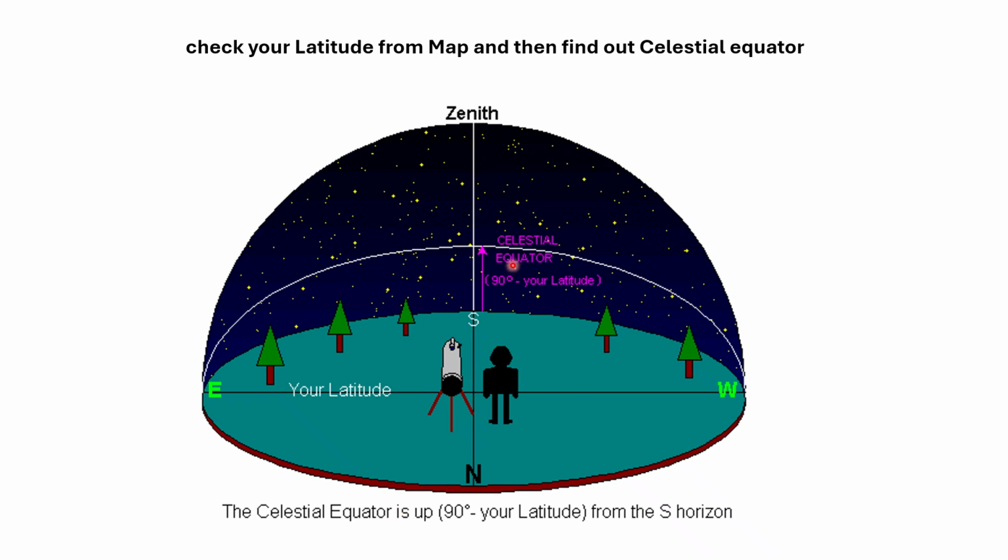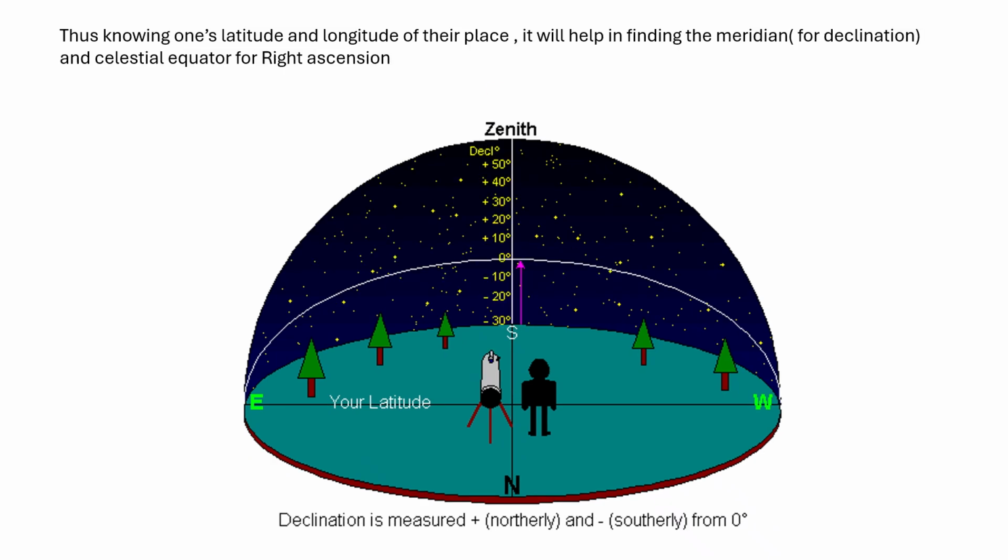Everything on the left of the sky, that is from the east, is rising, and on the west it is setting because of the east-west rotation. Thus, knowing the latitude and longitude of your place will help in finding the meridian for declination and the celestial equator for the right ascension.